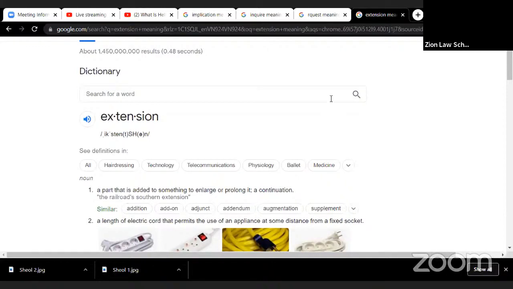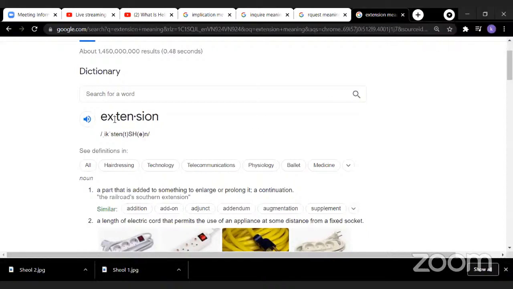It says here, the meaning is to inquire, by implication to request, by extension to demand. So I don't think it's a demand. To request something is not a demand.